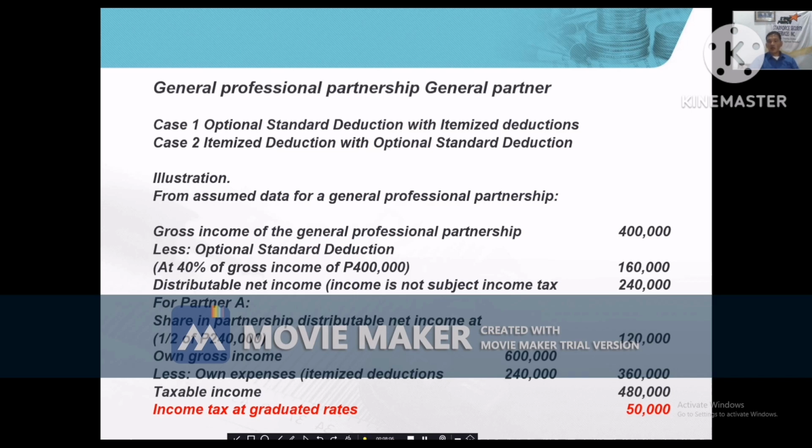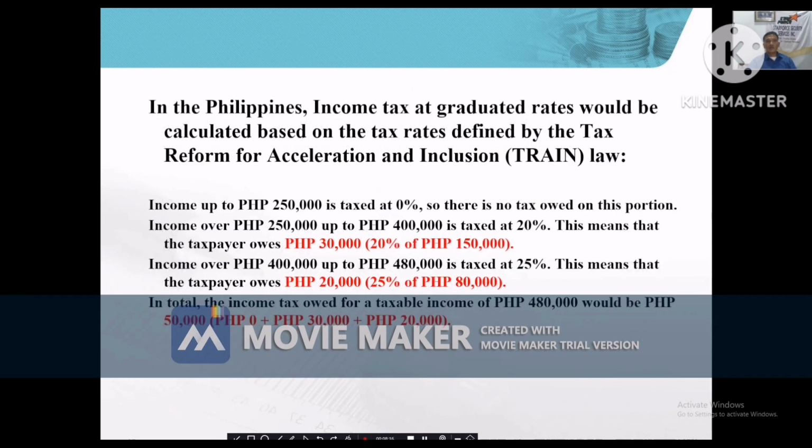Okay, so paano ba nakuha itong 50,000 na to? So, paano na nag-derive dyan? So, ganito yan. Okay, next slide. Okay, in the Philippines, income tax at graduated rates would be calculated based on tax rates defined by the Tax Reform for Acceleration and Inclusion, o yung tinatawag na TRAIN law.